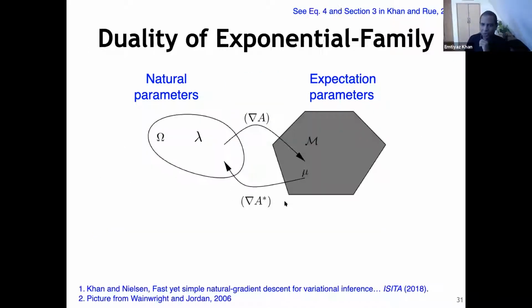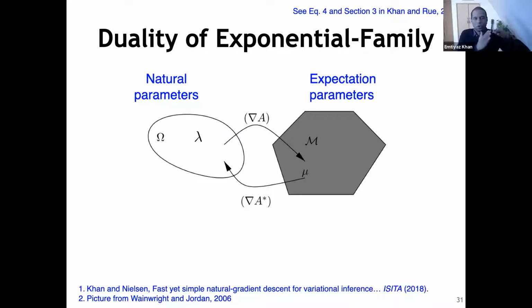So what is this relationship between lambda and mu that makes everything the same in the future? It is the duality associated with these two parameterizations. This is actually a very old known thing, but a good reference for it is Wainwright and Jordan, 2006, where they have written this in quite some detail, and it's also easy to read. Essentially, the space of parameters is the subset over which you're going to search for the best mean and variance.